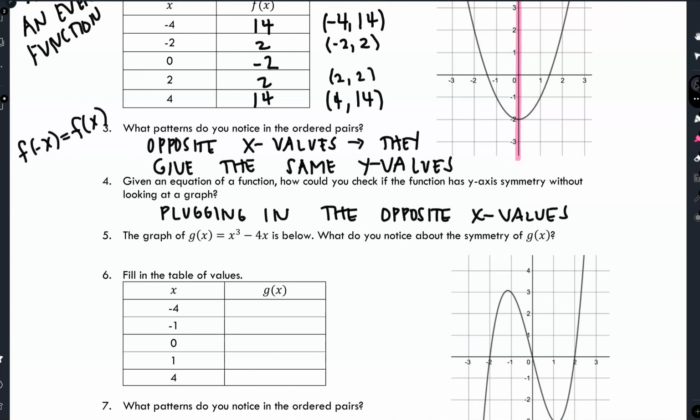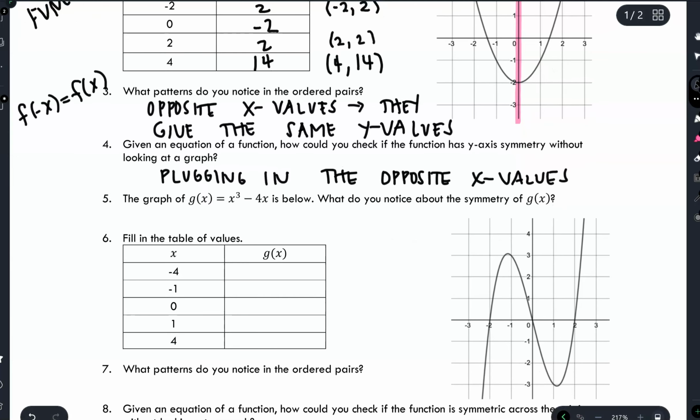So number 5 here. What do you notice about this one? The graph of x cubed minus 4x is below. What do you notice about this graph? It doesn't have y-axis symmetry, so I can't draw a line. But I want you to take your piece of paper and rotate it 180 degrees.